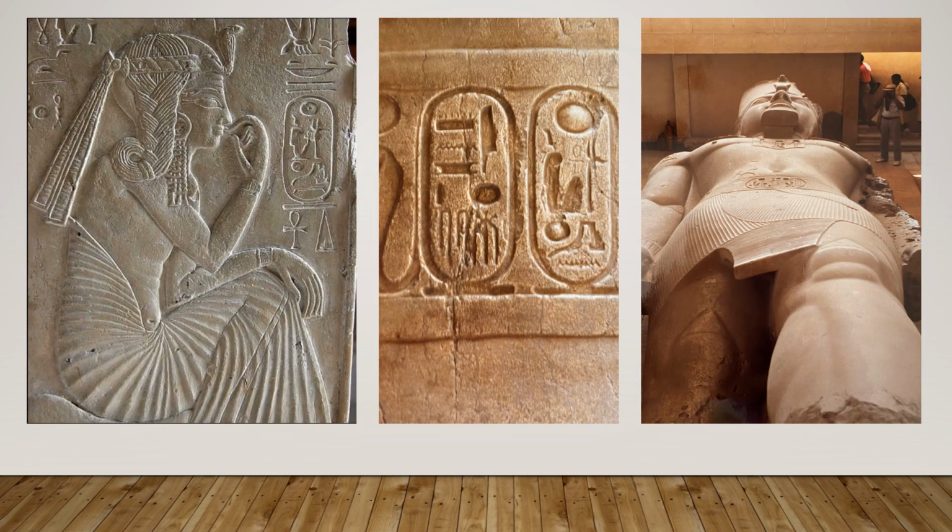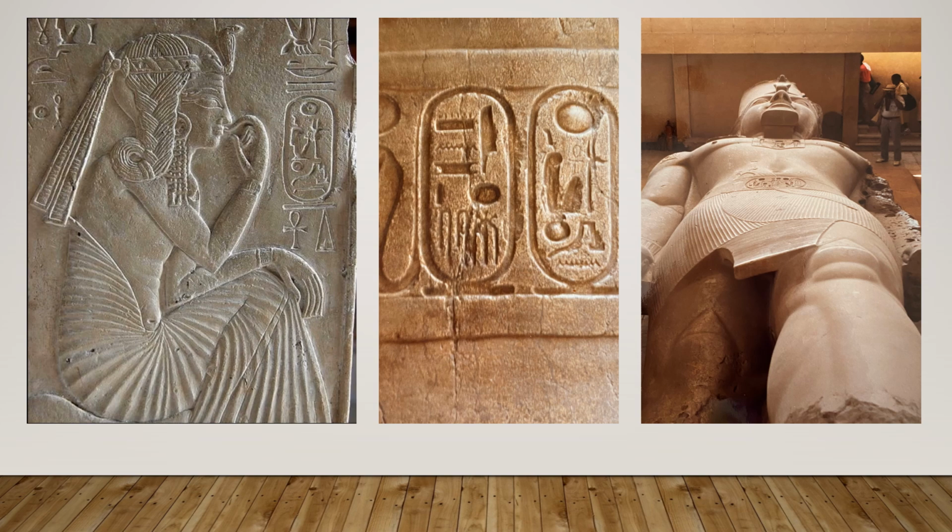Okay, so the Nesut Biti that is referred to as Ramesses II, again, we saw his image in the first lesson. We want to really focus on how we say his name correctly. You can still call him Ramesses II, but that's more of a shortening of his correct name.